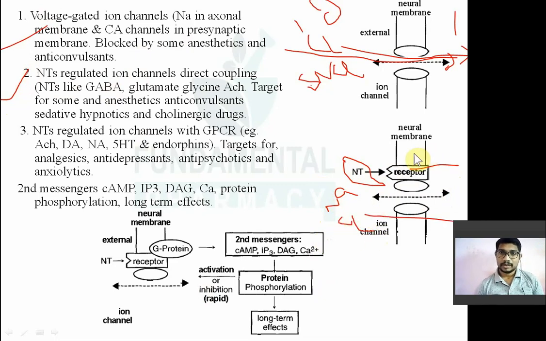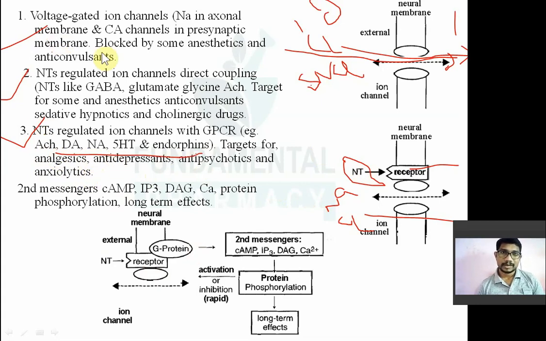So these are the neurotransmitter gated or regulated ion channels. Then the third type is again neurotransmitter regulated, but with G protein coupled receptors. For example, receptors of acetylcholine, noradrenaline, dopamine, 5-HT, endorphins. They are also targets for some drugs.